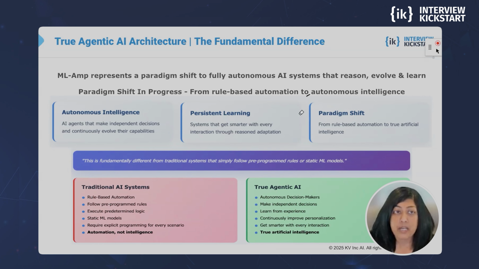So what does it mean by true agentic AI architecture? I've been talking about ML AMP being an agentic AI application. What does it mean by that? When we think about a generic AI workflow, a user provides a prompt. The model generates some completion based on the patterns it has learned during its training.